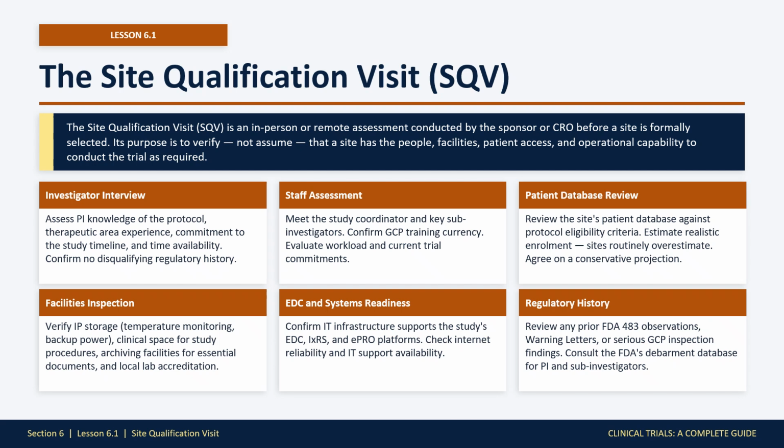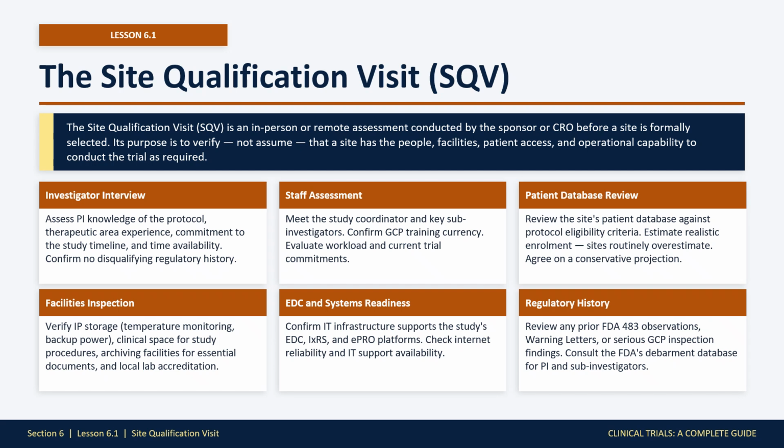Facilities inspection is non-negotiable. The monitor physically verifies IP storage conditions, including temperature monitoring and backup power, inspects the space where study procedures will occur, and confirms the archiving capability for essential documents. EDC and systems readiness confirms that the IT infrastructure works and that the site can actually access the study platforms on day 1.